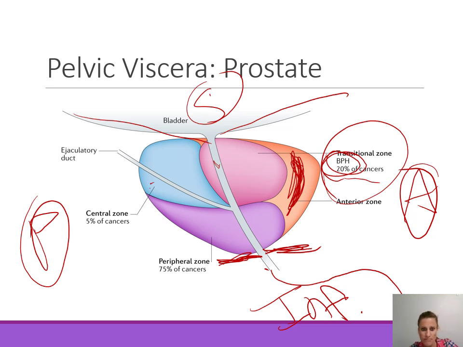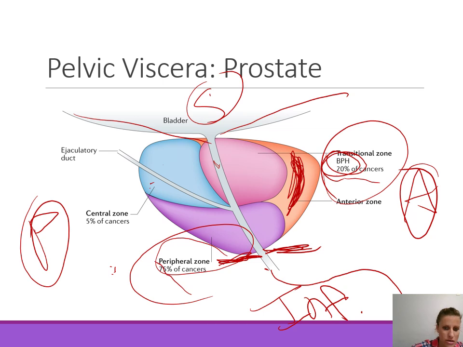The central zone you see surrounding the ejaculatory duct, not a very common site for cancer either. The peripheral zone here you see is a very common site for cancer. That's the most common area for cancer to occur. And if you look at this, you see that this is more posterior. And remember we said back behind the prostate is the rectum.